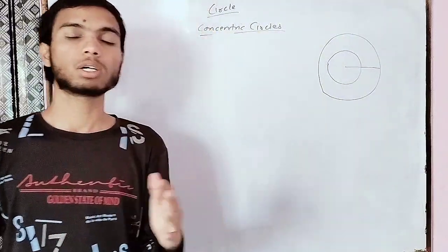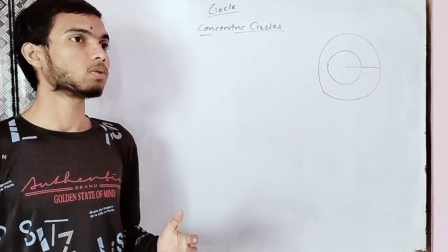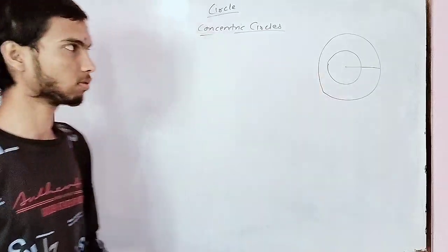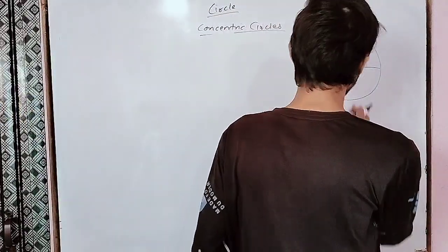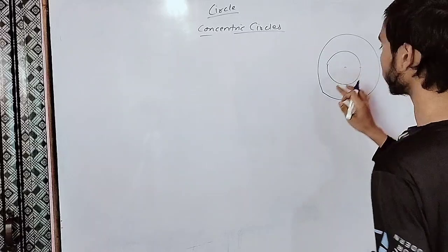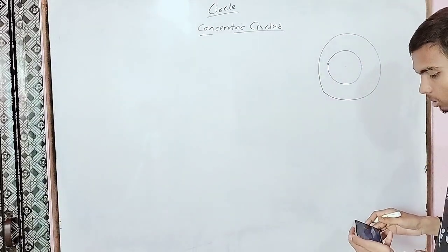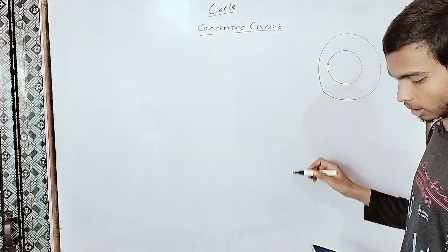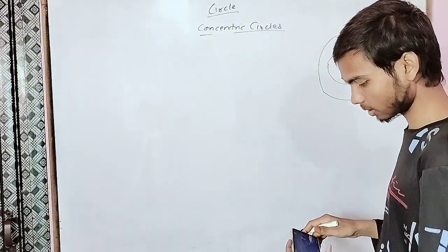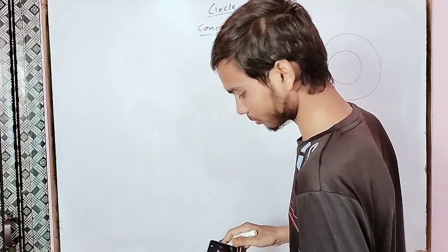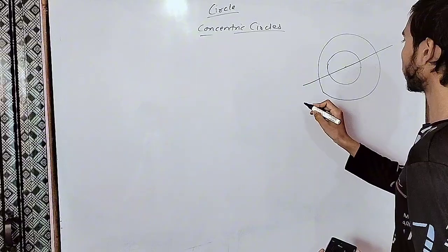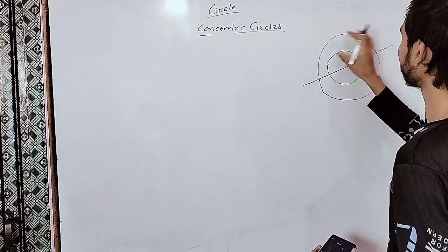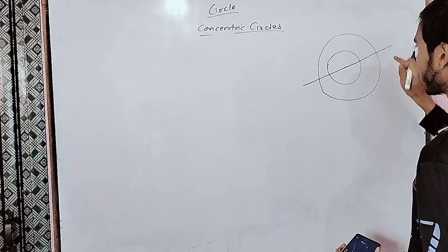There can be circles whose center will be the same for all those circles. That is the meaning of a concentric circle. Now, the question is saying if a line intersects two concentric circles with the same center O. A line is intersecting the two concentric circles.